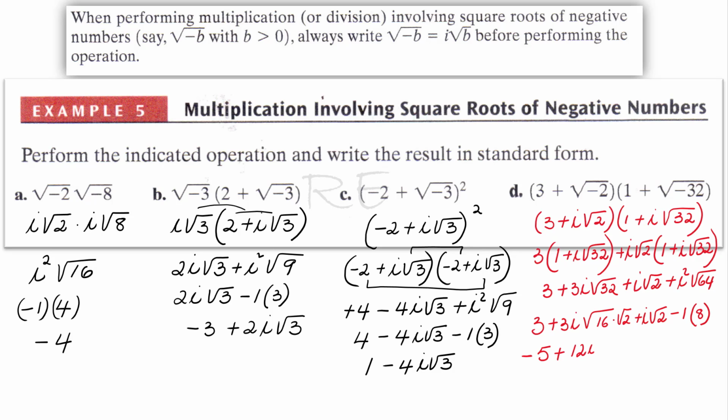Square root of 16 is 4. 3 times 4 is 12. 12i square root of 2 plus i square root of 2, and 12 plus 1 is 13. So the answer is negative 5 plus 13i square root of 2.